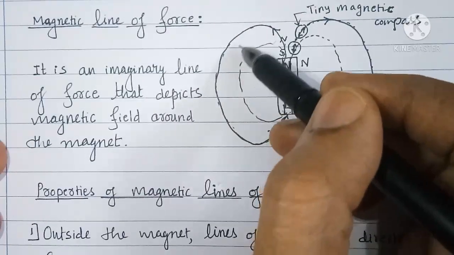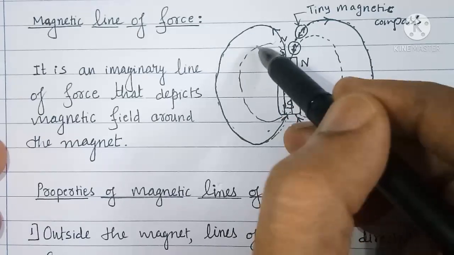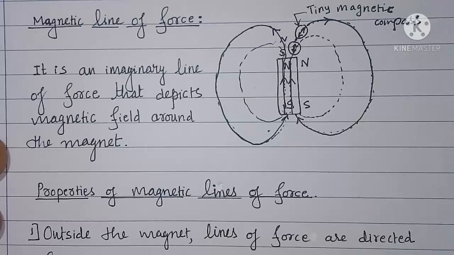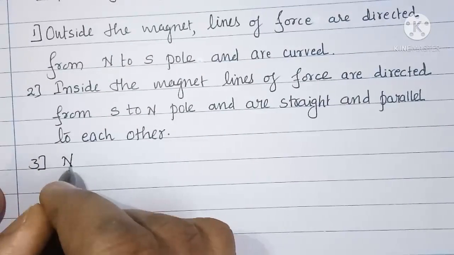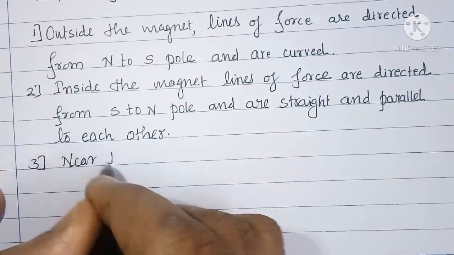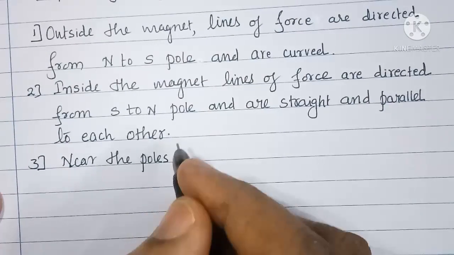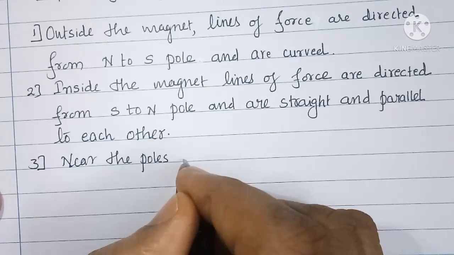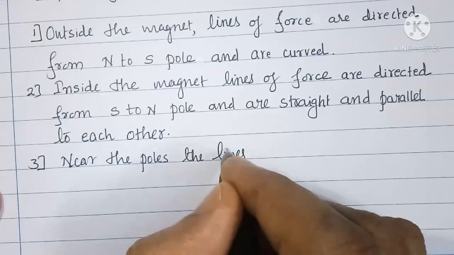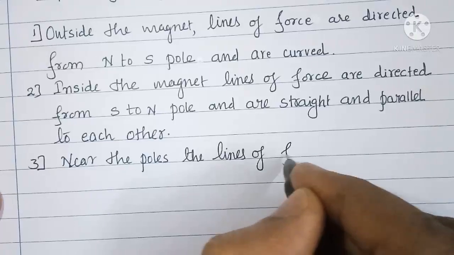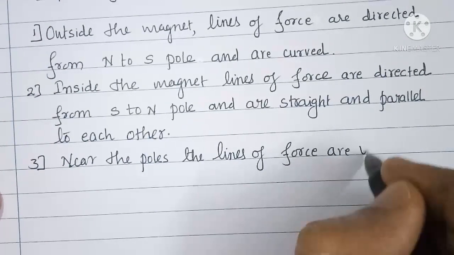But as they go closer to the poles, the distance between them goes on decreasing. Near the poles, the lines of force are very close to each other.